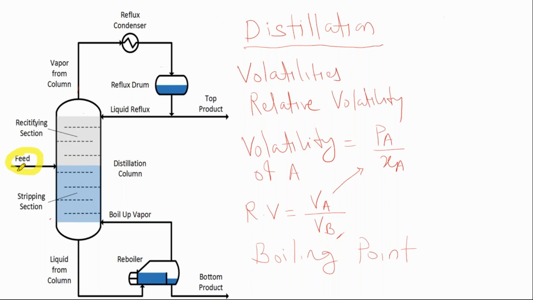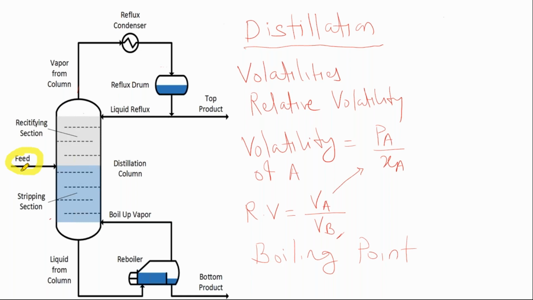Suppose we are talking about benzene and toluene. Benzene has a boiling point of 80 degrees Celsius, and toluene has a boiling point of 110 degrees Celsius. So obviously you can understand that benzene, with the lower boiling point, is the more volatile component.